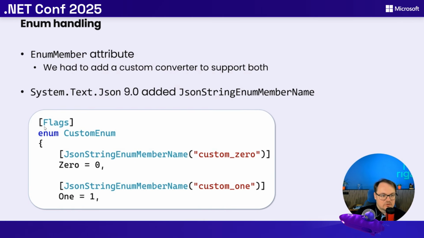For example, there are some special cases when you serialize an enum that has flags, so there are bitwise combinations of the options. So we also needed to tweak this a little bit. If you were using System.Text.Json 8, it didn't have this attribute. This appeared in version 9. So we are glad that we can support it as well.